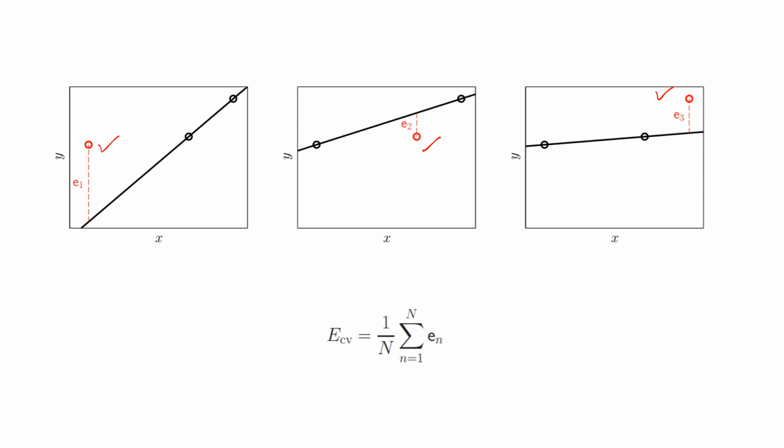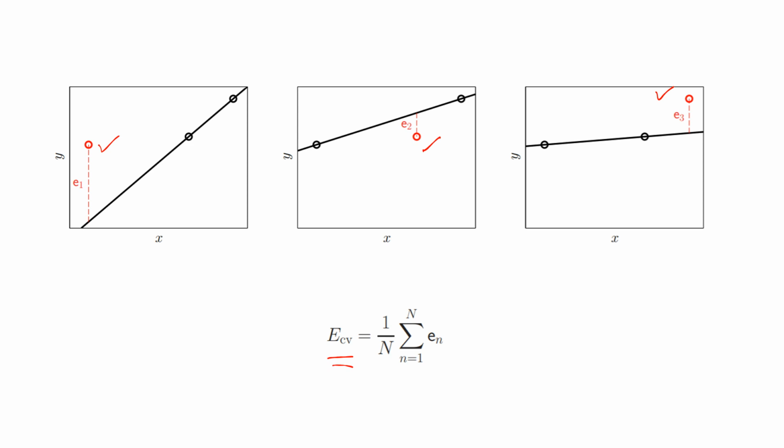So this is what we call the ECV, or the cross-validation error, and it's an unbiased estimator of E out of G minus.